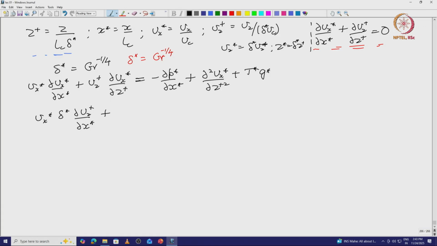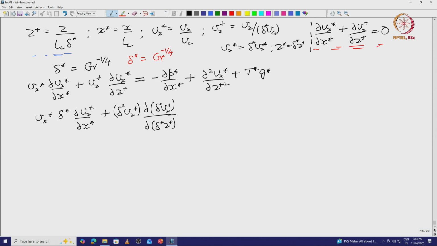Plus V z star is equal to delta into V z plus, partial of delta V z plus by partial of delta z plus.